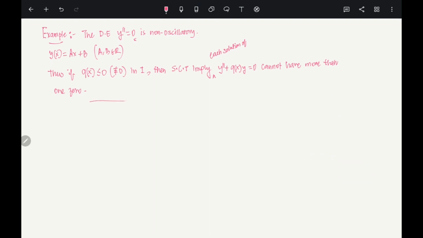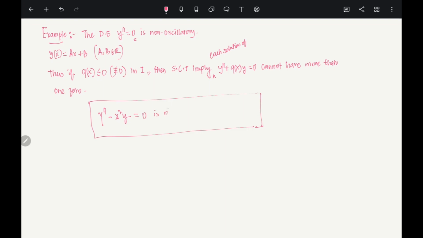Please remember, let me put it this way, very important result. Let me give an example of q: say x squared y equals 0 is non-oscillatory.